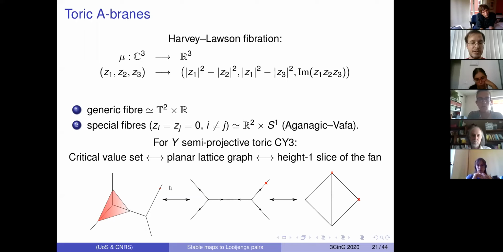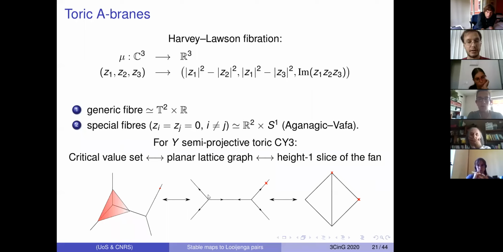And we can isotope this picture a little to a planar partially oriented graph, with an orientation on the non-compact edges. This way, losing the three-dimensional perspective, we lose information about the fibration, but we can keep track of that by requiring that the tangent vectors to the edges of the graph are actually points in a lattice.